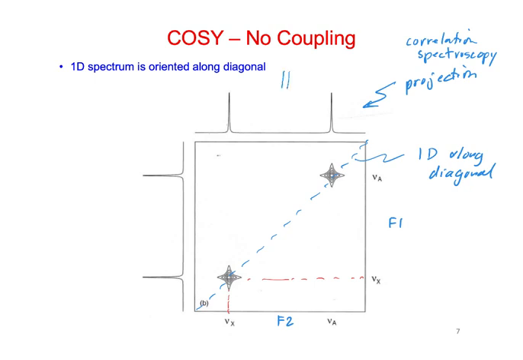So we could look here, projection, and we would see these two contour peaks looking at it from that angle. That's technically what we used, but typically now we just plot the one-dimensional spectra on the sides.